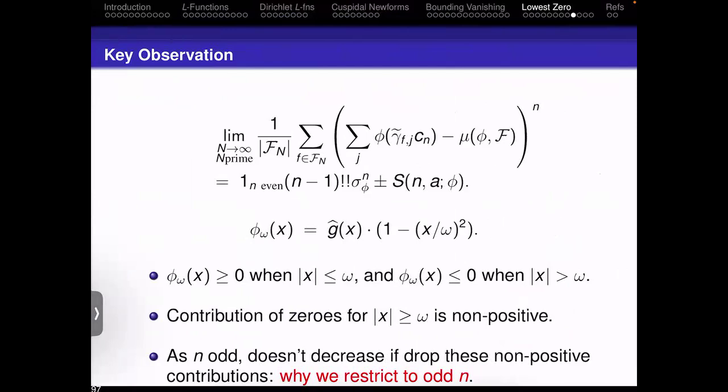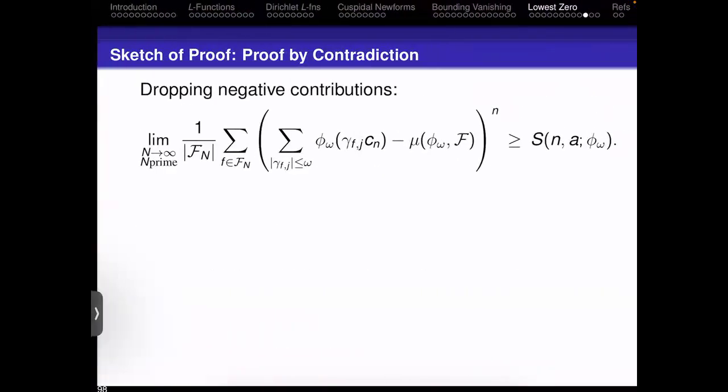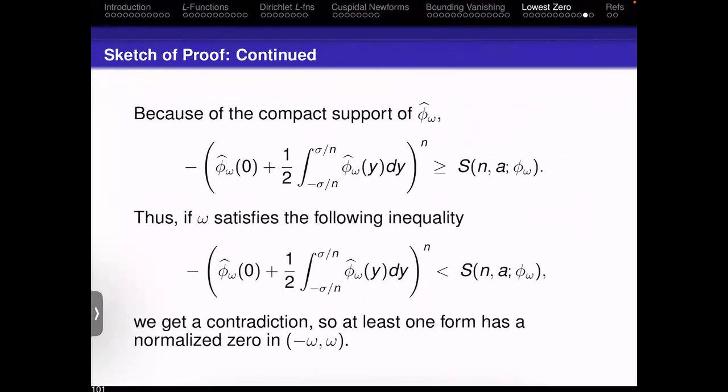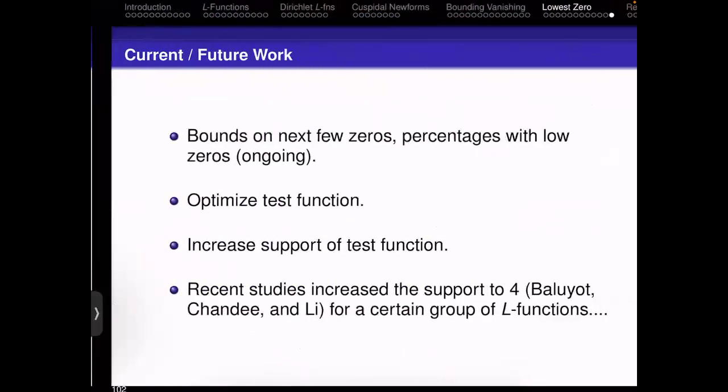And if I move all the zeros before omega to 0, I haven't made things smaller. And that's going to lead to my upper bounds. And so, the calculation is very similar, so I'm going to skip the calculation. And so at the end of the day, we get that our function phi omega has to satisfy certain inequalities. As long as we can find such a function, it works.